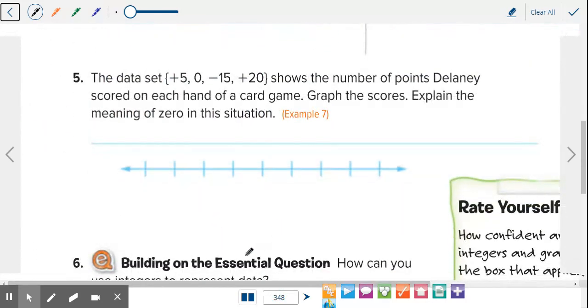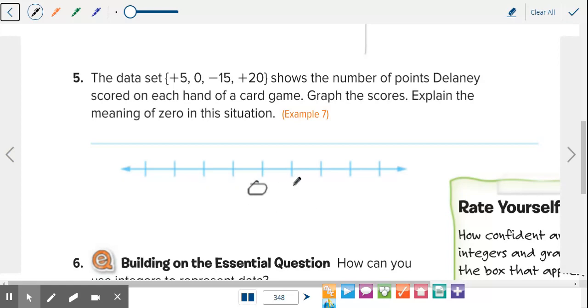And number 5. The data set +5, 0, -15, and +20 show the number of points Delaney scored on each hand of a card game. Graph the scores, explain the meaning of 0 in each situation. So how did you guys graph it down here? What's your number line look like, Katie? In the middle is 0, and then on one side it's +5.